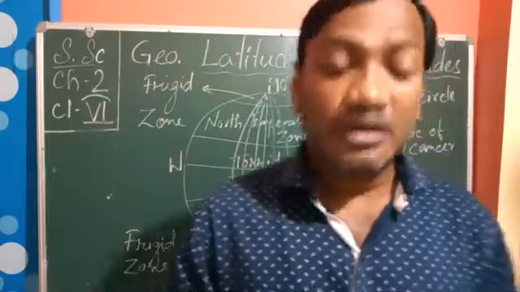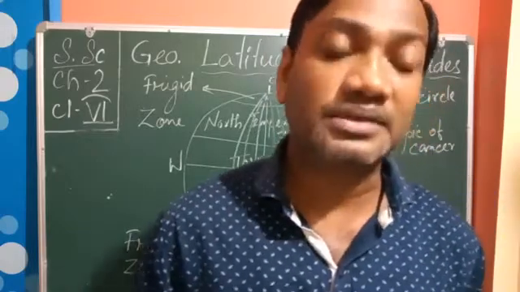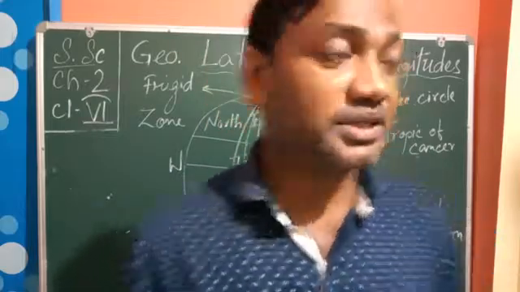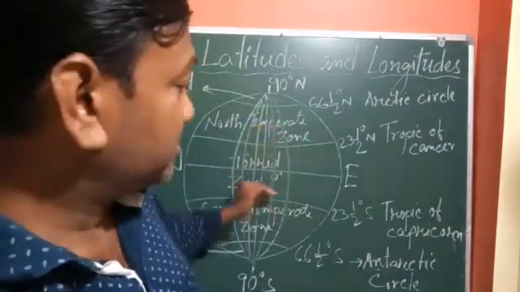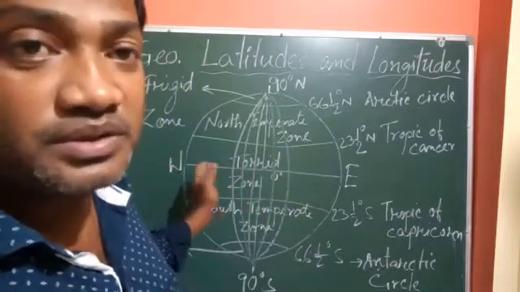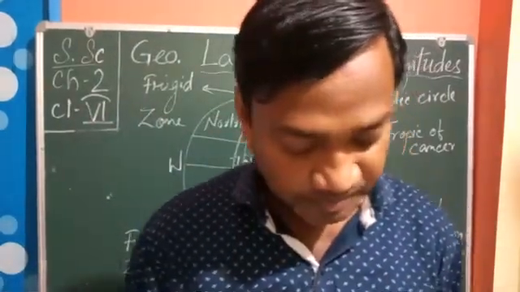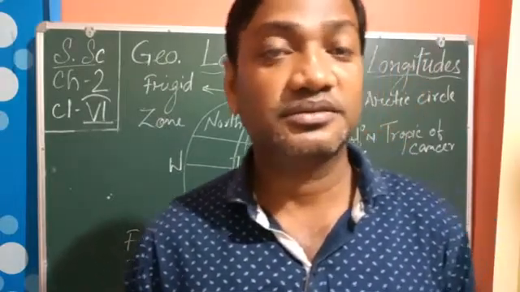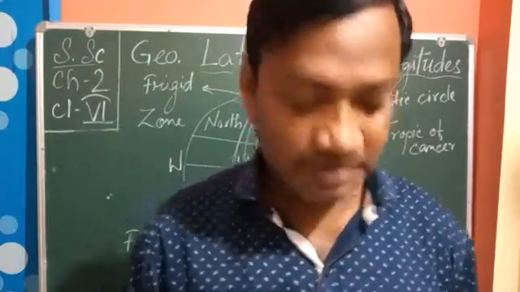And now, locating places on the globe. How can we locate any place on the globe? The network of parallels and meridians. Here we find 90 parallels on this side and 90 on that side, and 180 meridians on this side and 180 on that side. They intersect each other, these parallels and meridians, and this is known as the Earth's grid.